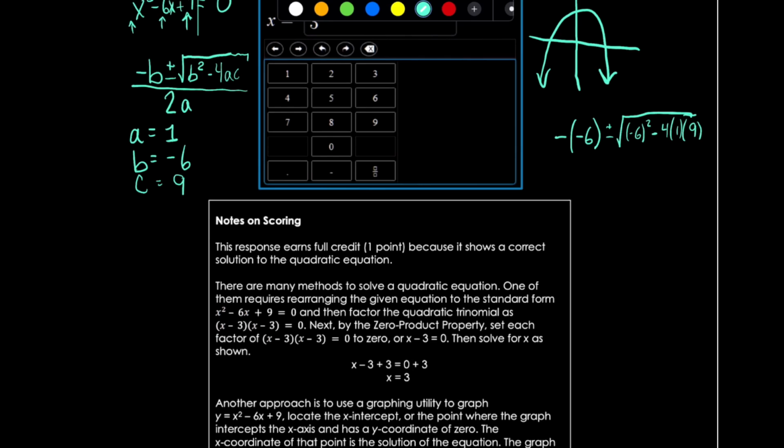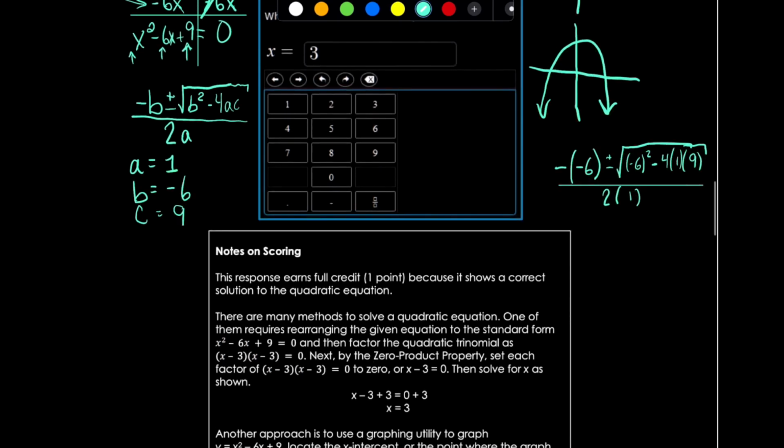All right. All over 2 times a, which is 1. So first step, identify your a, b, and c. A, your coefficient to x squared. B, your coefficient to your x term. C is your constant. Okay?